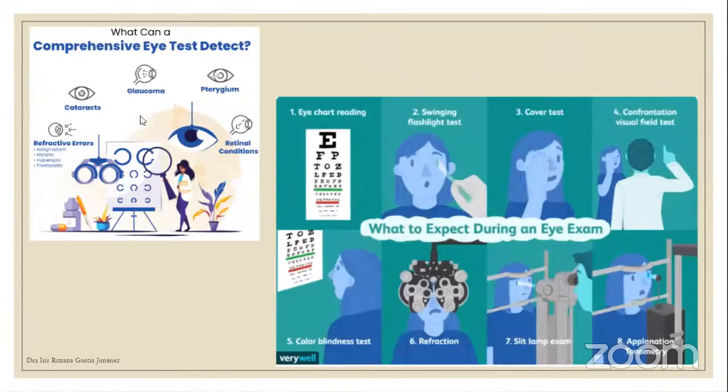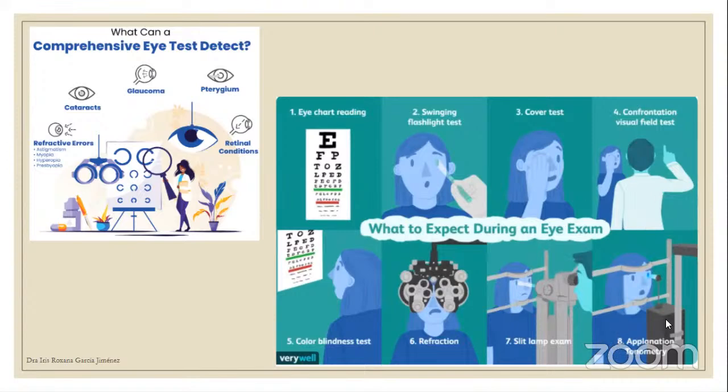Just an information slide. What to expect during an eye examination: eye chart reading, swinging flashlight tests, I mean, when we move the light from one eye to the other, the cover test, confrontation visual field test, color blindness test, refraction, slit lamp exam, applanation tonometry.